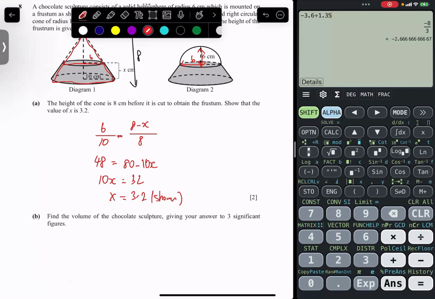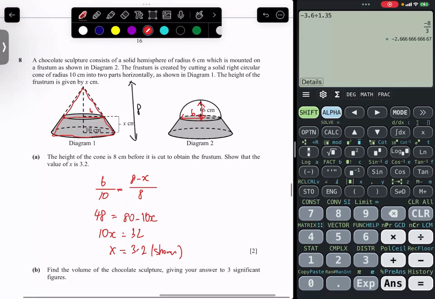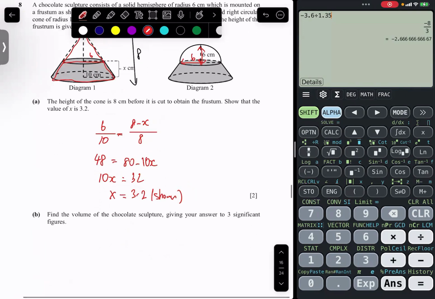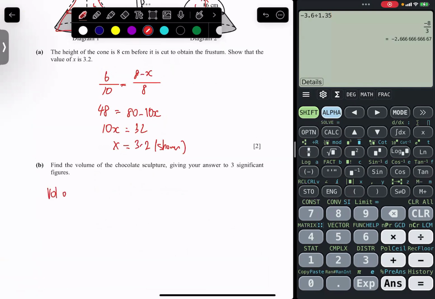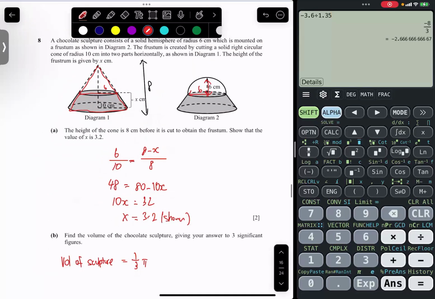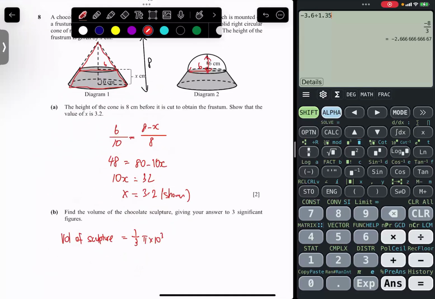Find the volume of the chocolate sculpture, giving your answer to 3SF. They want me to find the volume of diagram 2. How many marks? 3 marks. I'm going to do it in one step. Volume of sculpture equals 1/3 pi r squared h, which is 1/3 pi r squared times 8, minus 1/3 pi times 6 squared times 4.8.